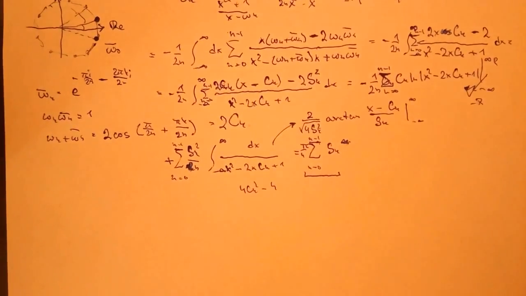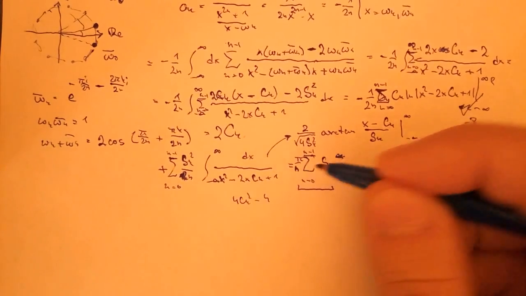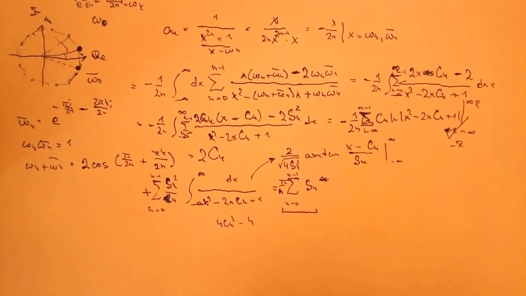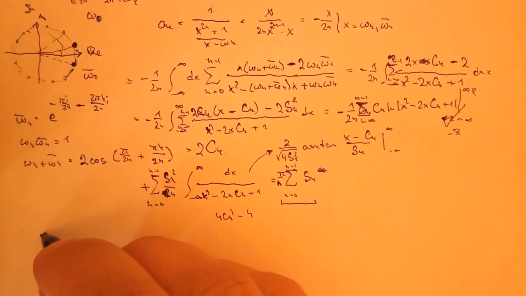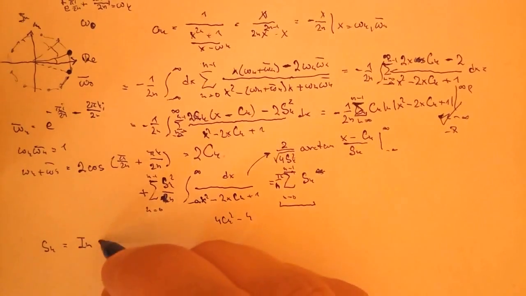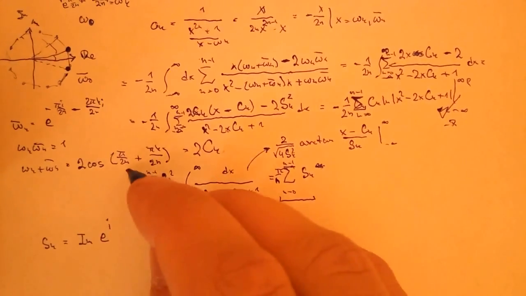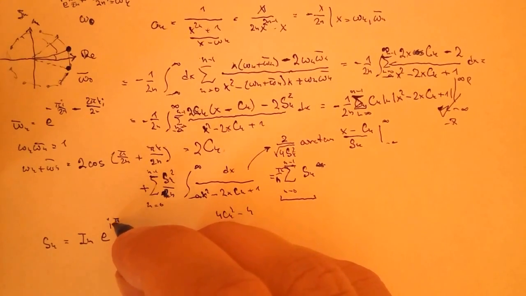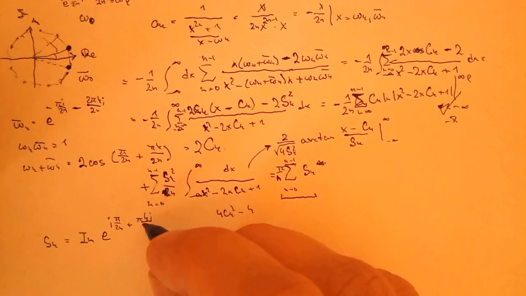You can use methods, for example, from complex analysis, but just basic complex numbers, because if you write sk as the imaginary part of e to the power i times this argument, which is pi over 2n plus pi k i over n.